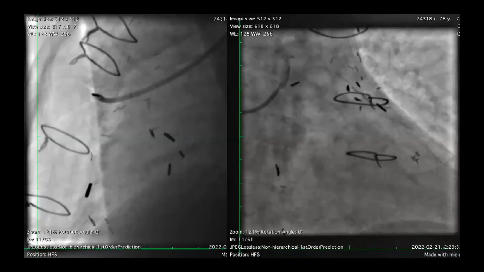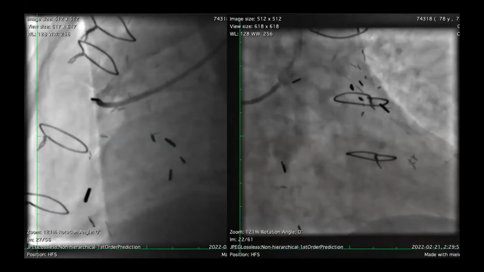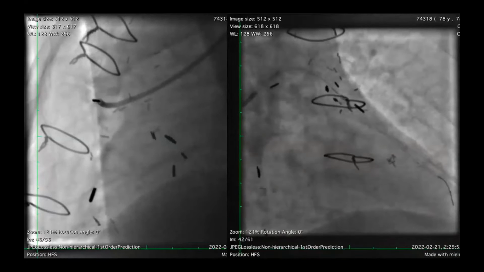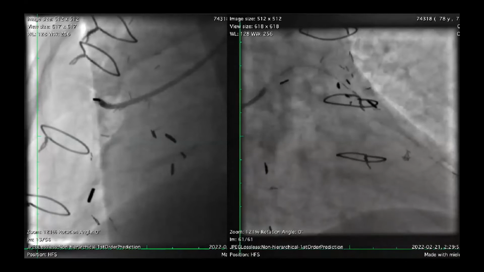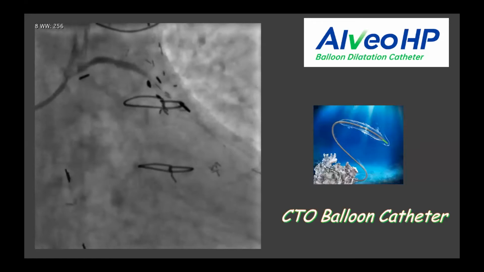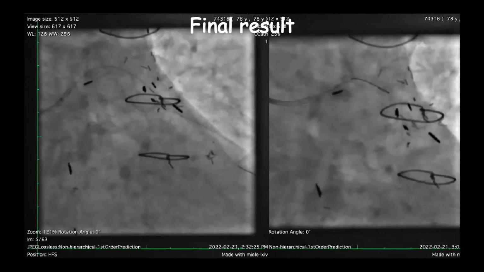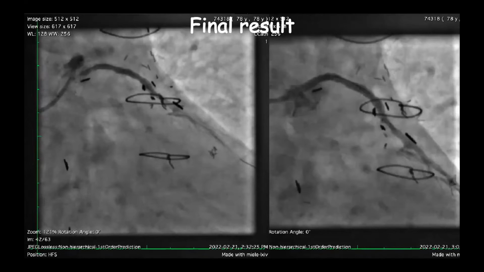We can see a small stump. We crossed after some manipulation. However, only the Alveo could cross the lesion, and after pre-dilatation, we had good flow, and at the end we implanted a stent, post-dilated, and had an excellent result. The patient is also doing very well.